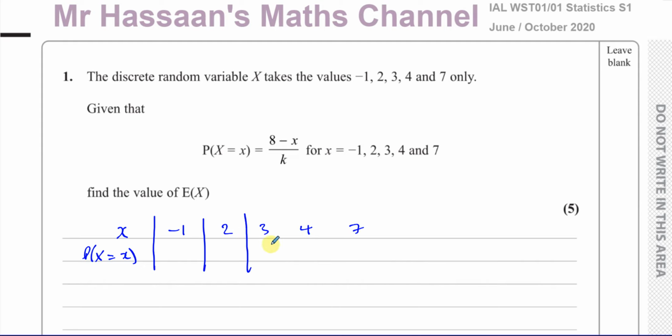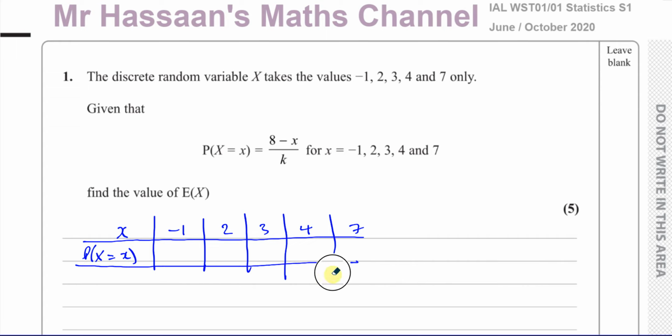Those are the different values the discrete random variable can possibly take. And in the row underneath, I'm going to write down the probabilities of each of those occurring.